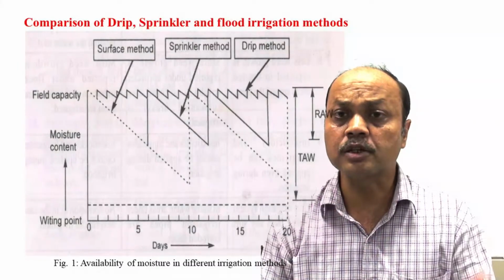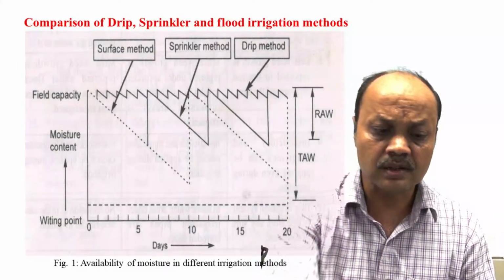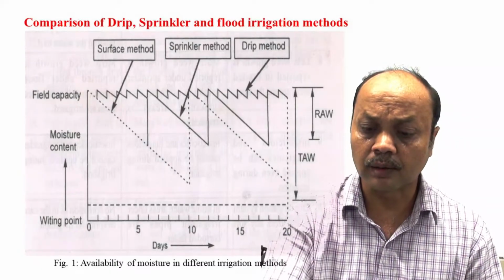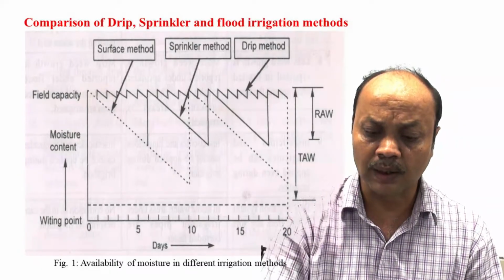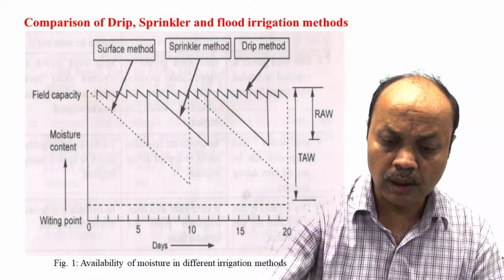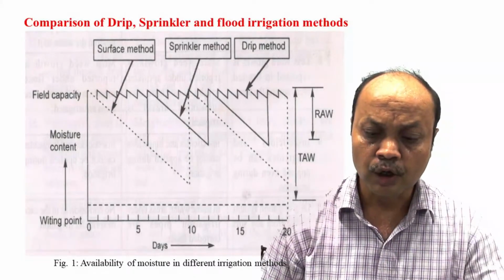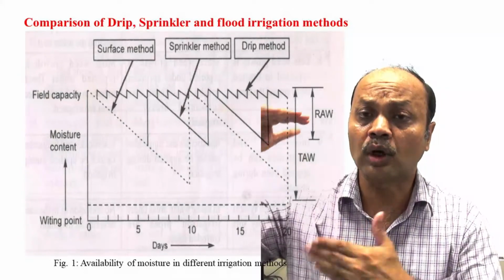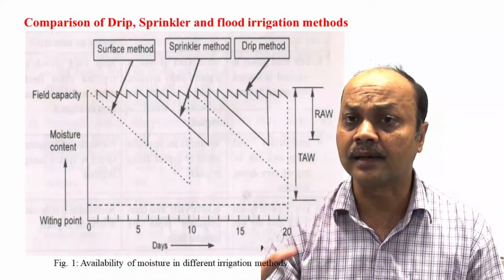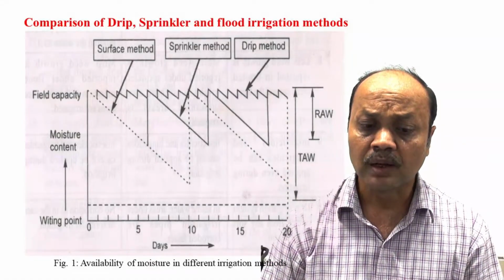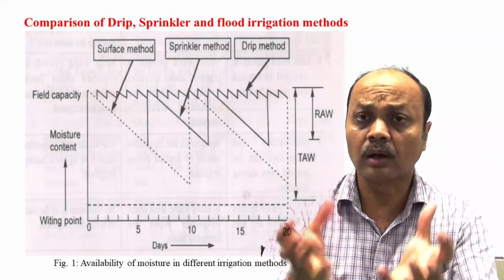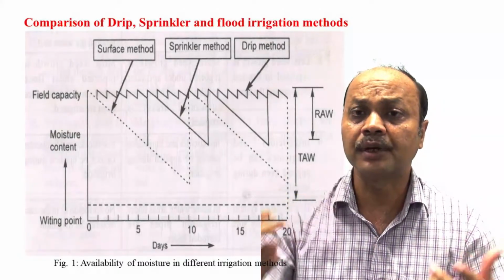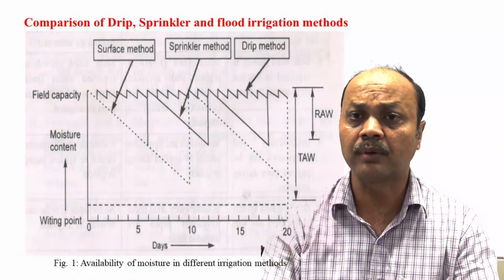Sprinkler irrigation is much better, as you can see from this picture. This is the readily available water and total available water. The difference between your field capacity and wilting point is the total available water, and some amount of it is readily available. All the water available in your soil cannot be taken by the plant, so there are different types of water in the soil.